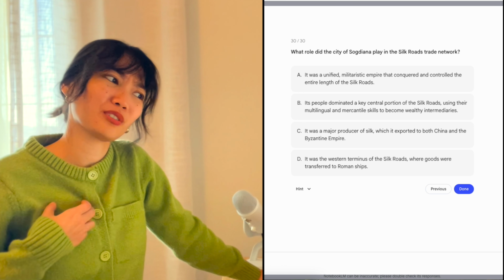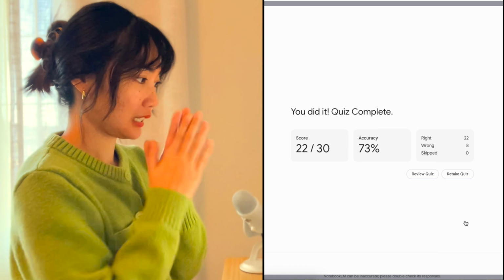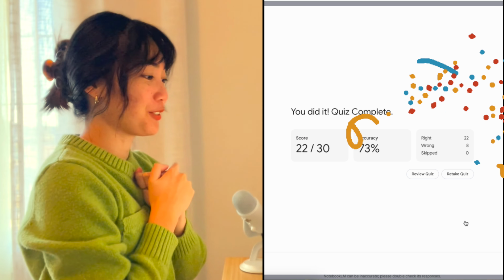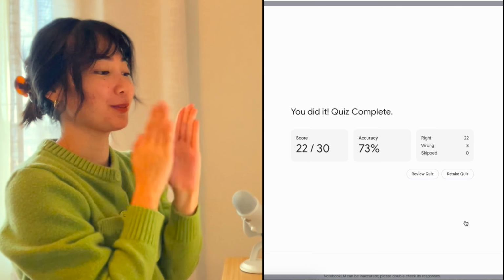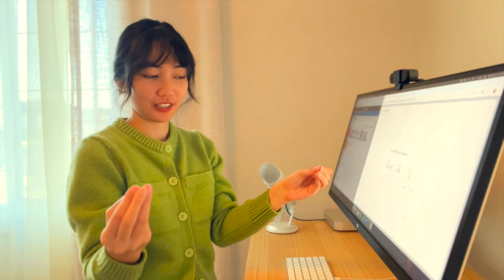China, they're a major producer of silk, so I don't think C is correct. What's my score? Okay, 22 out of 30. 22 out of 30, 73% accuracy, and I would say 60% confidence.